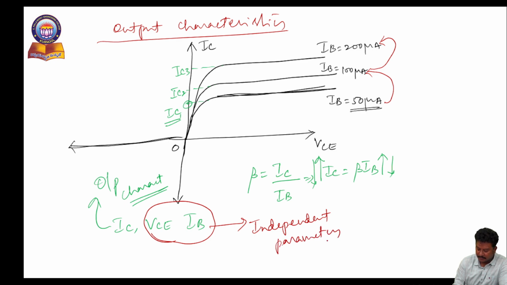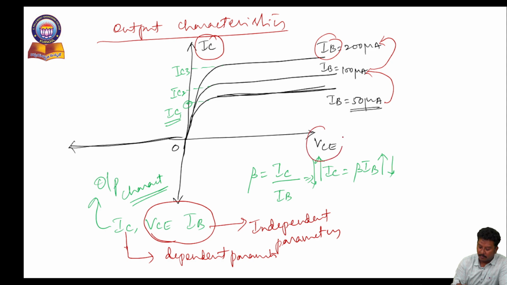The correction, whereas IC is dependent parameter. You please modify this. Output current is dependent. Input current and output voltage are independent parameters. This is the conclusion what I want to make from the output characteristics of a transistor.